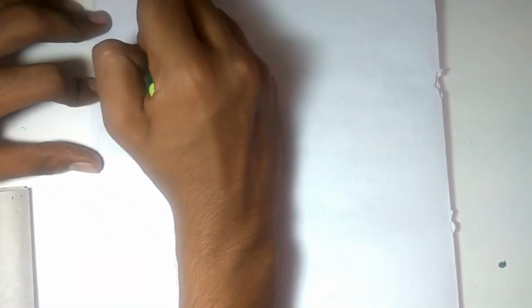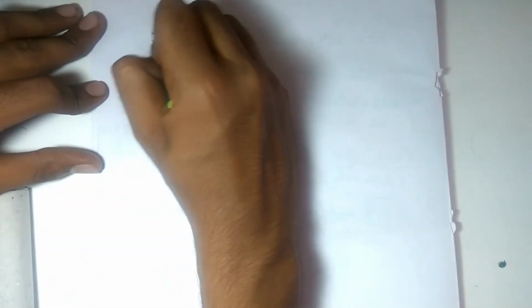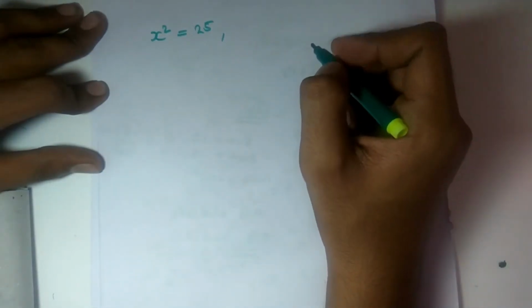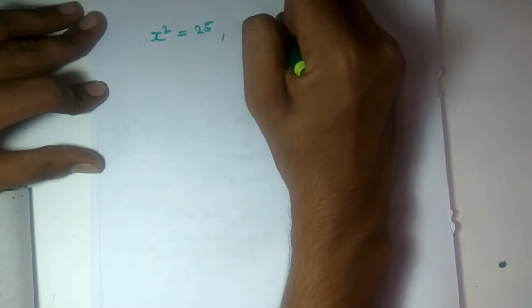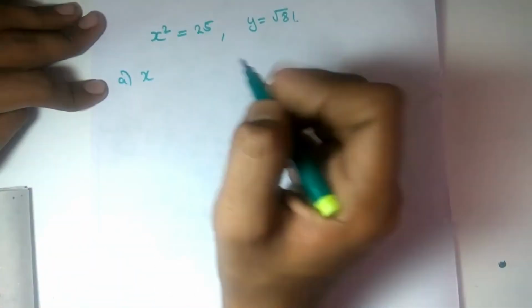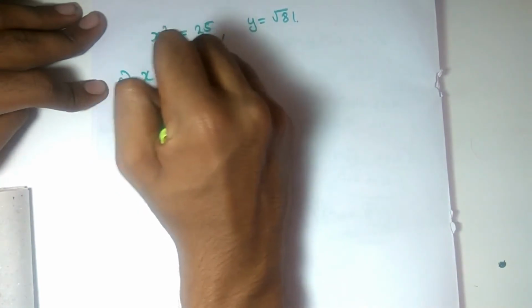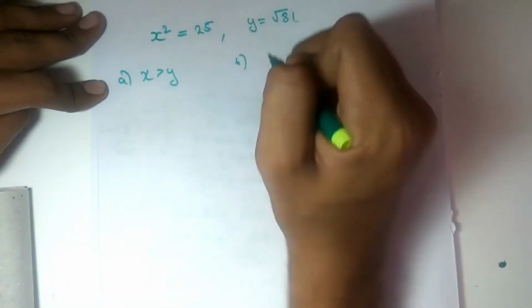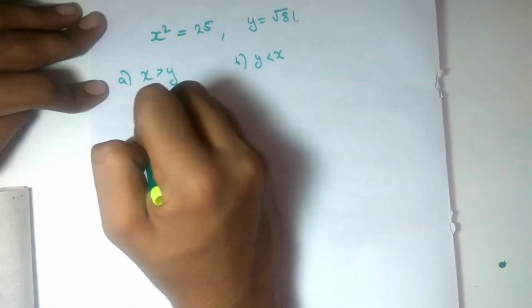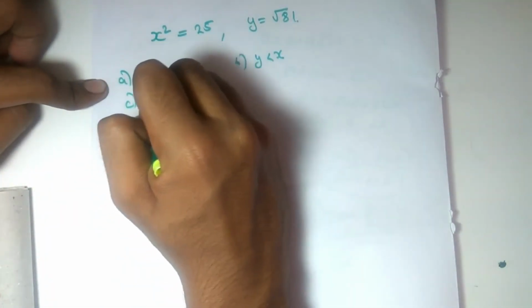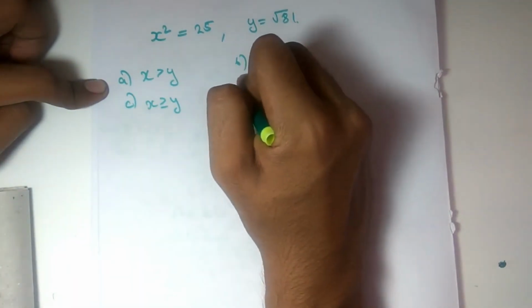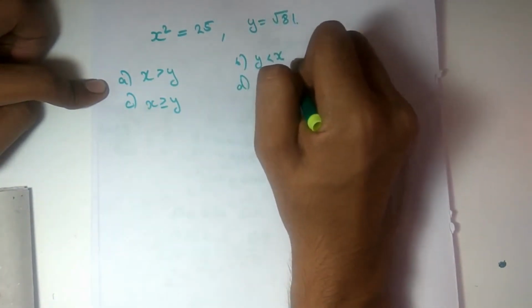So the question is just like this: x square equal to 25 and y equal to root 81, and the options given were a, x greater than y, b, y less than x, c, x greater than or equal to y, and d, cannot determine.